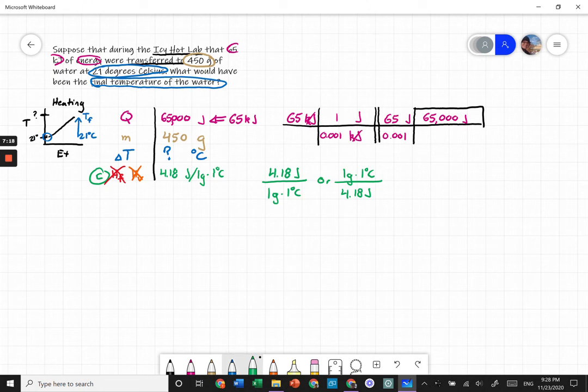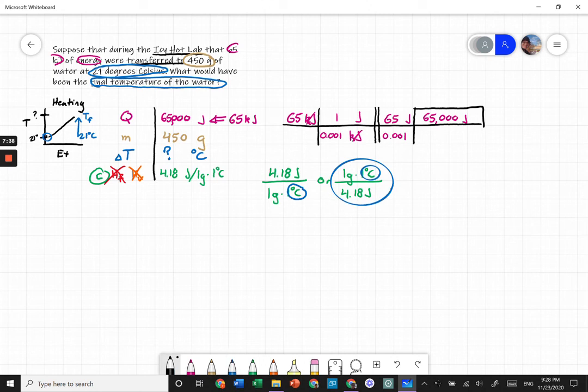However, for this problem, we're actually going to be solving for our change in temperature, degrees C, so we're looking for this unit over here. Now in this case, we want to solve for that as our final answer, and we want the degrees C to be on top, so we're actually going to be using the second fraction this time. So that's actually the fraction we're going to be starting off with.